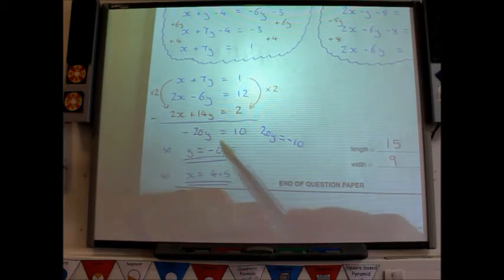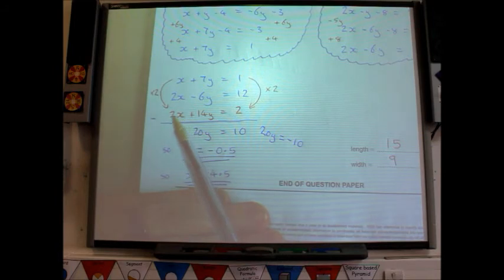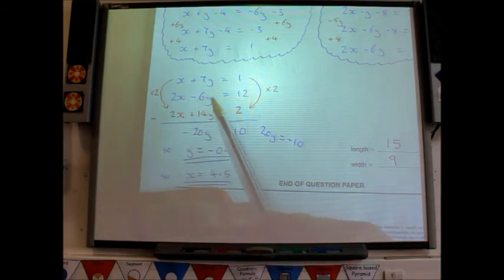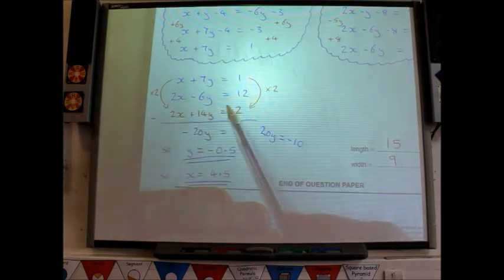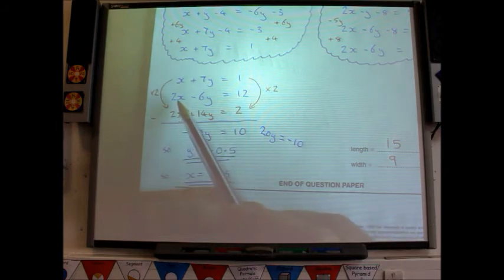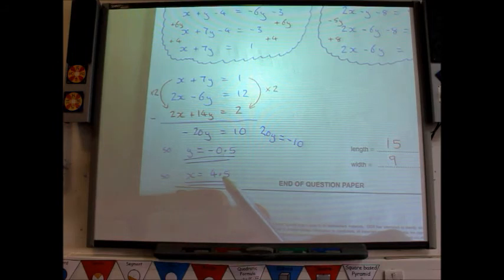So you've got something take away minus 3, which is going to give you 12. When you're taking away a minus, don't forget that makes an add. So something add 3 equals 12. So that would be 9 add 3 equals 12. So 2x is 9, so 1x must just be 4.5. I told you this was tricky.